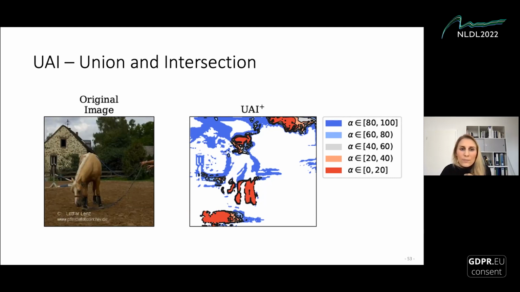Okay, and also, as you can see here, you can think of this then as a Clever Hans too, that the trees were important for the model to decide that this is a horse. Because of course, there were a lot of images of horses with trees in the background.